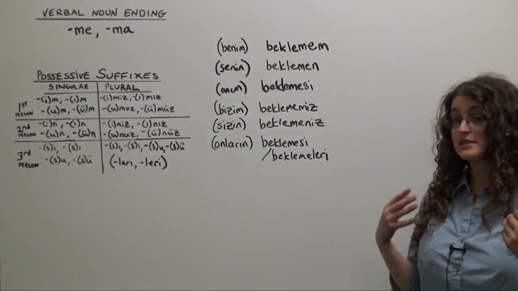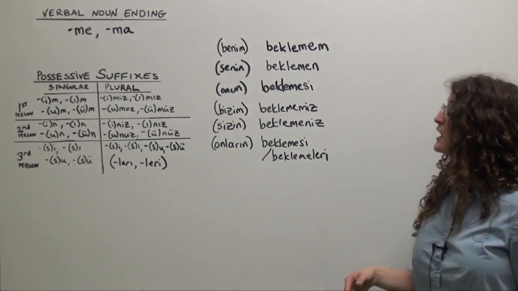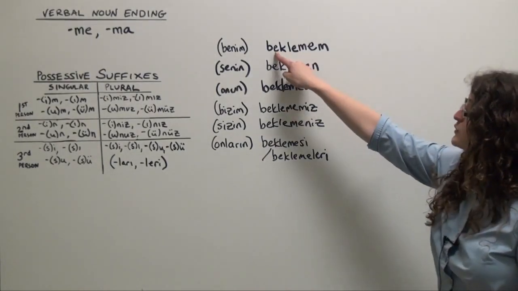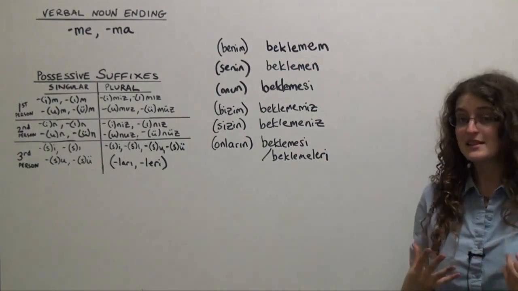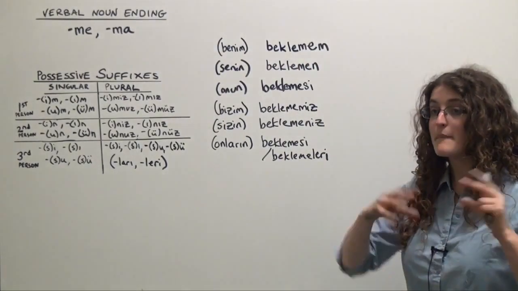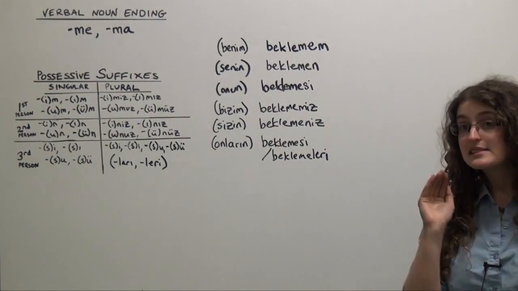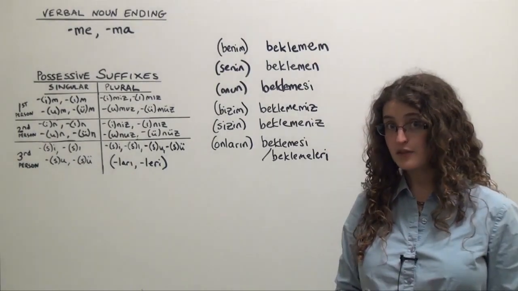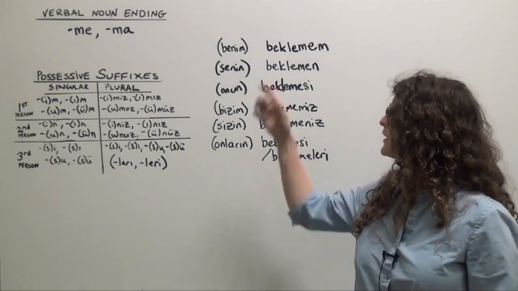If I'm waiting for sen, for you, singular, seni bekliyorum. I'm waiting for you. If I want to refer to my waiting for you as a noun, seni beklemem would be my waiting for you. Seni is still needing to be in the accusative, just as it would have to be the full verbal form of beklemek.